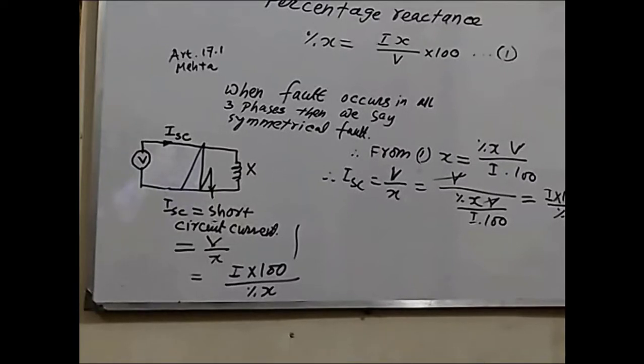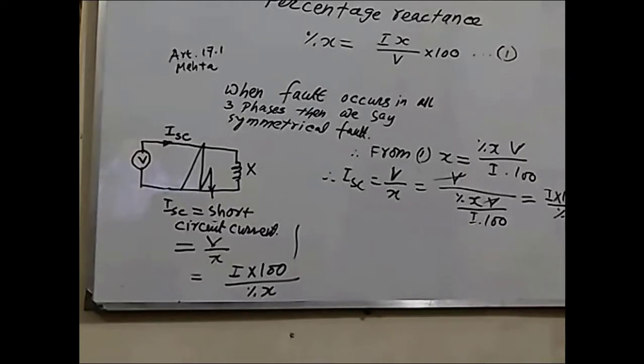So you see short circuit current, the formula we have got, I into 100 divided by percentage reactance. How many formulas do we have up to now? Two formulas. One is percentage reactance equal to I X divided by V into 100.